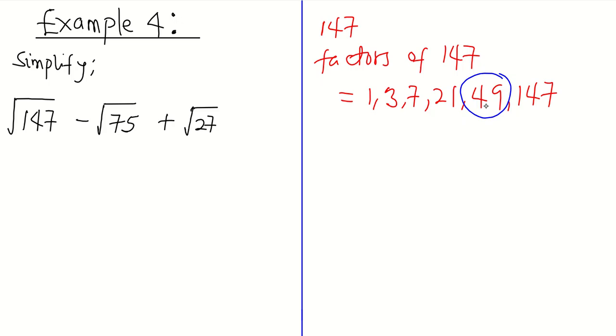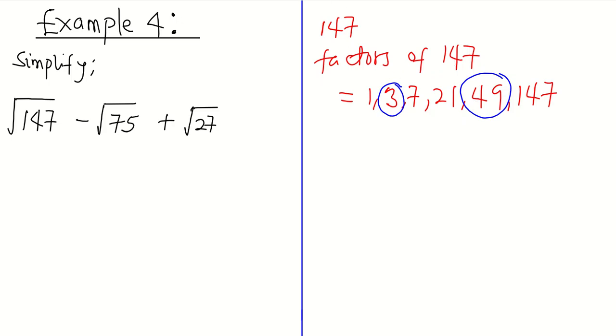And 49, we ask ourselves what number when multiplied by 49 gives us 147. But this number must come from the factors of 147, and that is 3. And so 3 is a non-perfect square number, and when 3 multiplies 49, we are going to get 147.